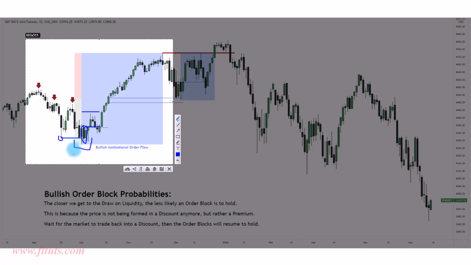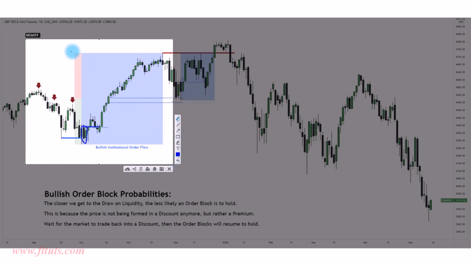Even if we took the range high here to the range low here, this would be a discount. But the more we trade higher and higher toward a potential resistance level, price starts to be in a premium market. And if we blend key levels or an order block in a premium market, they're not expected to hold.